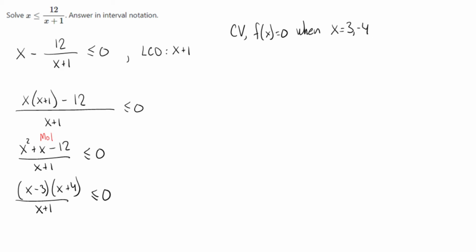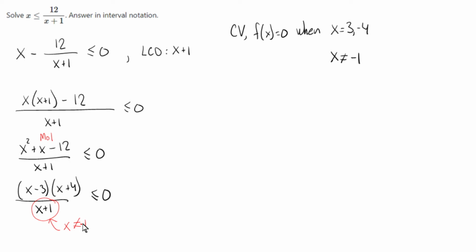Now we also want to note that in the denominator there will be a non-permissible value where x cannot equal negative 1. So that's going to be another one of the critical values. We're going to say that x cannot equal, should be negative 1. Sorry about that. Negative 1. Okay.